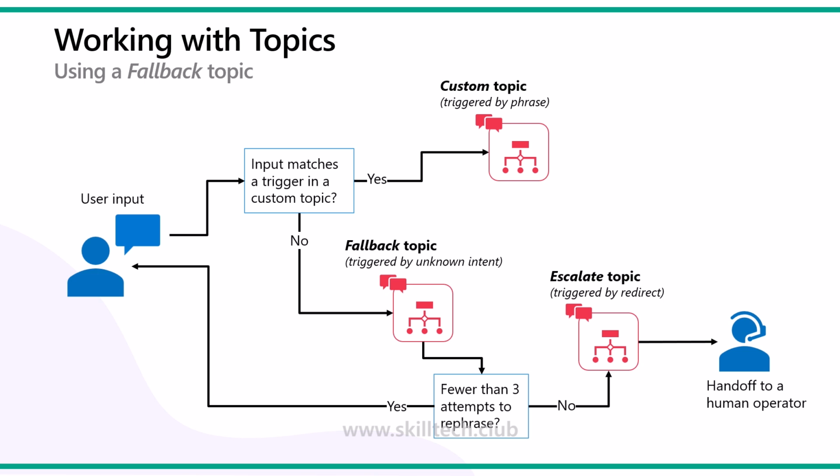And after that, if it is still not resolved, it's going into the escalate topic section, which can be used at the end of the conversation, and it's going to connect to a human operator, since your chatbot agent is not able to answer the question, so that a human can answer it. This is a typical fallback topic logical workflow, which is suitable in most chatbot cases.